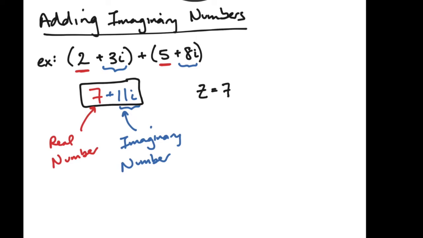So the 7 is the real part. The 11 is the imaginary part. We will get to the graphing part later on, but this is how we write it. You could leave it as 7 plus 11i, or the letter z equals 7 plus 11i.